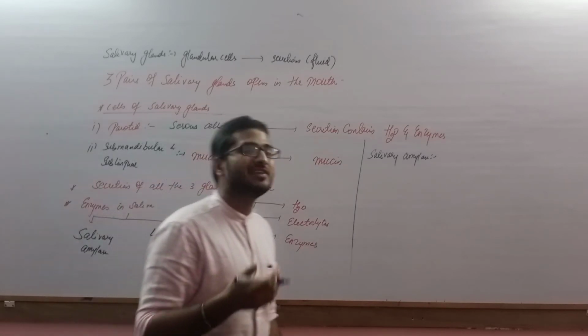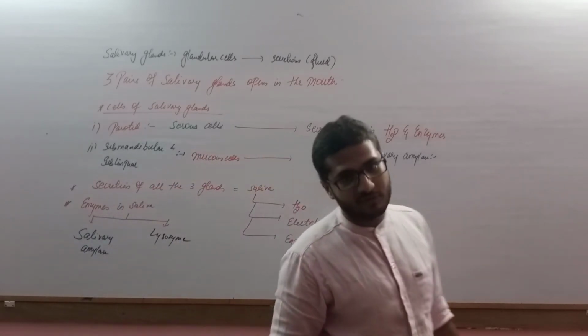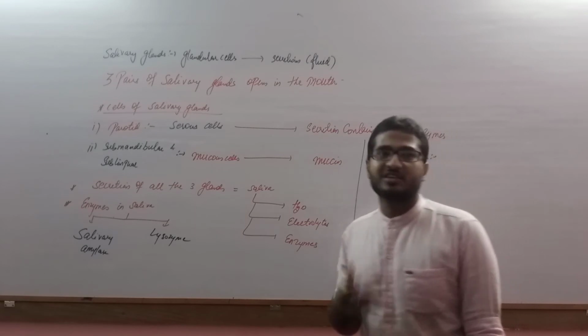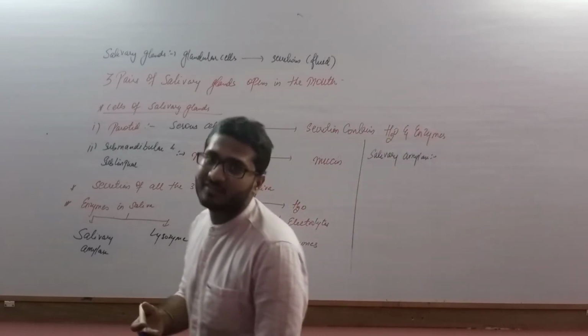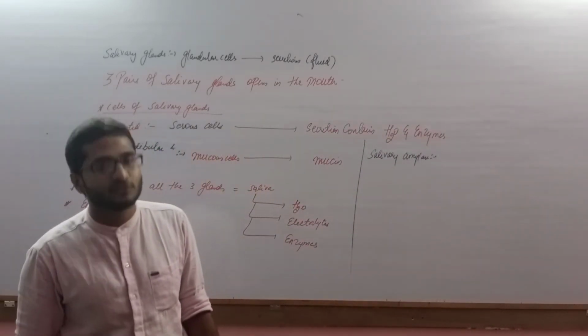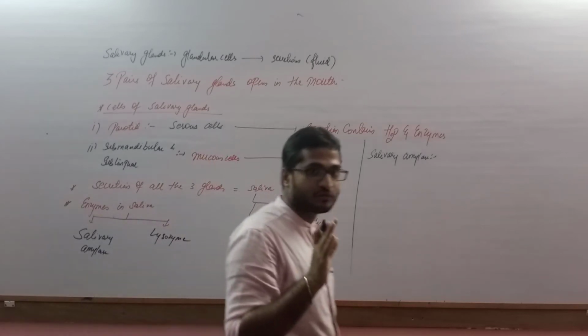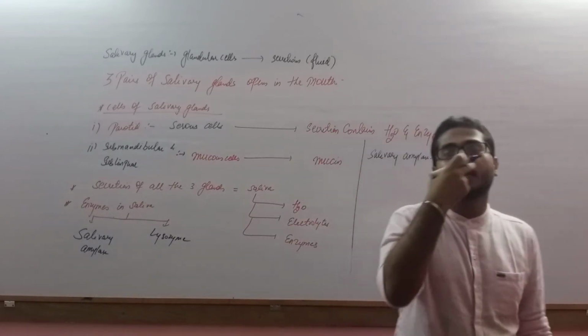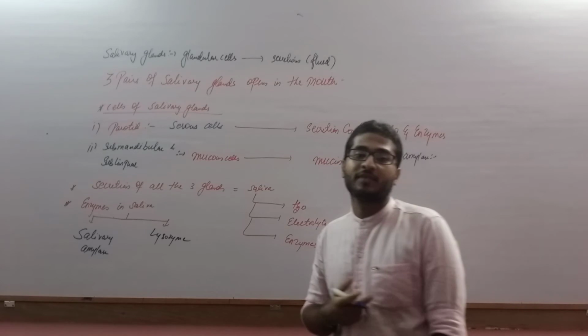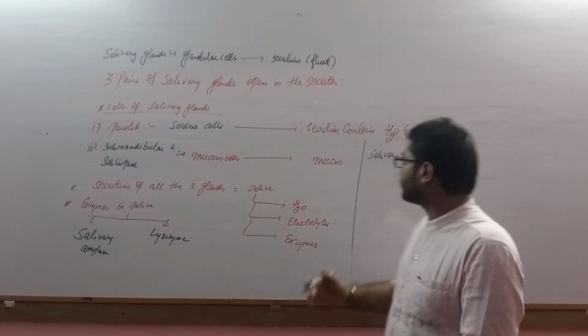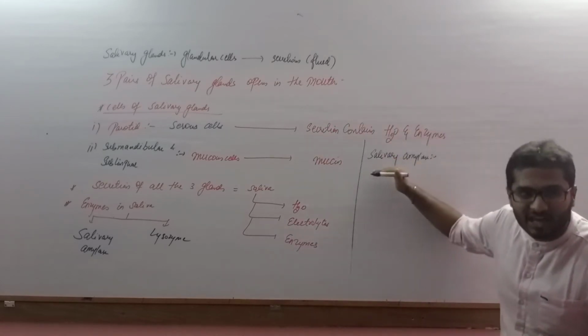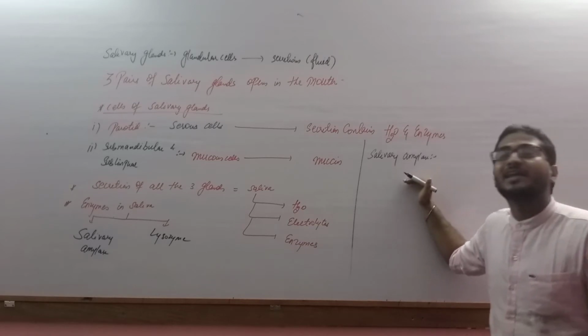Why is salivary amylase present in the saliva? Because the digestion of food begins as soon as we start eating the food. That means the digestion of food starts within the buccal or the oral cavity only. And who initiates the digestion process? This enzyme. The name of the enzyme is salivary amylase.